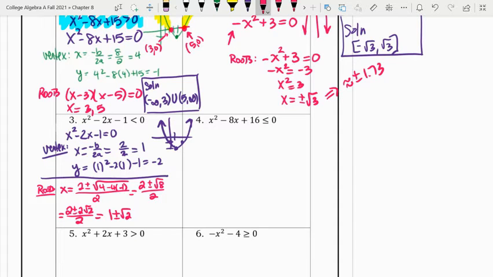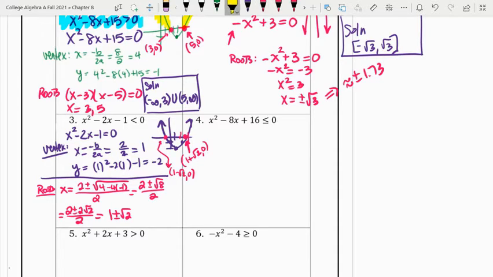So 1 plus the square root of 2, 2.41, so that is this number here. So this is going to be 1 plus the square root of 2, comma 0. And then 1 minus the square root of 2, negative 0.41 would be this one. So that point is 1 minus the square root of 2, comma 0.